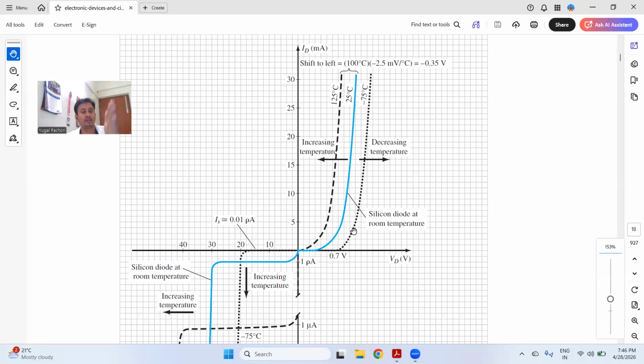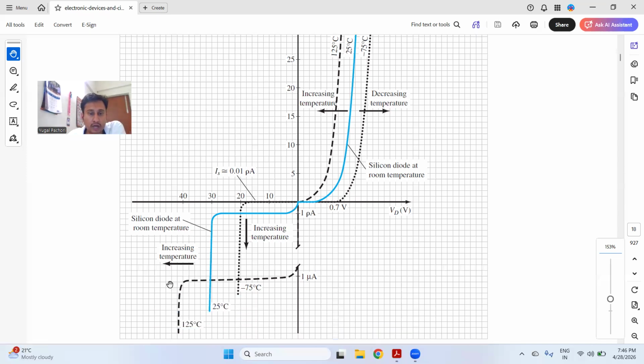The same thing happens in the third quadrant, the reverse bias condition. You can compare both analyses, the forward bias and the reverse bias, and it is clearly depicted in this picture: 125, 25, and 75 degrees Celsius. So yes, there is an effect of temperature on the properties of the semiconductor diode.